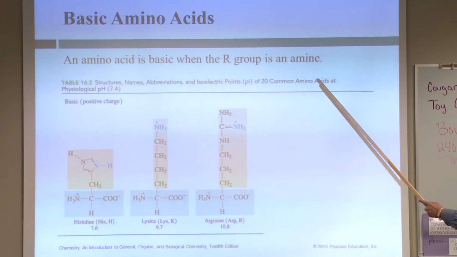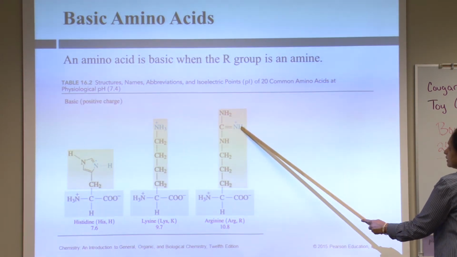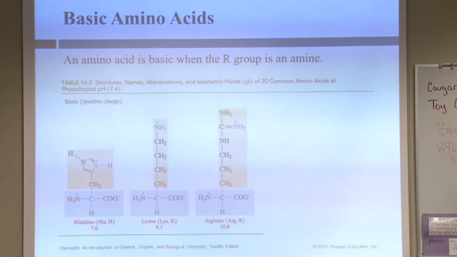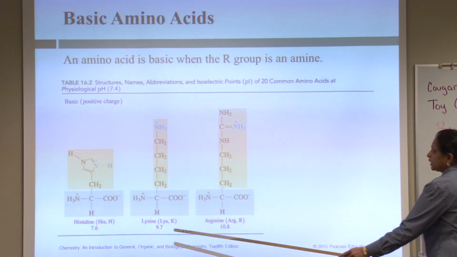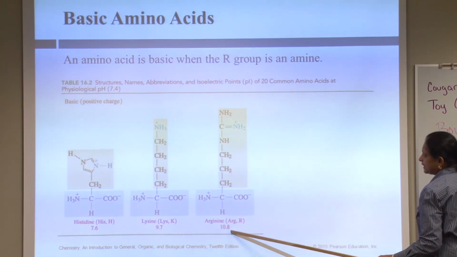If you have the amine in the side chain, here you have this group, here, your amino acid is basic. How do you know? The value is above 7. It's more and more. This is more basic.